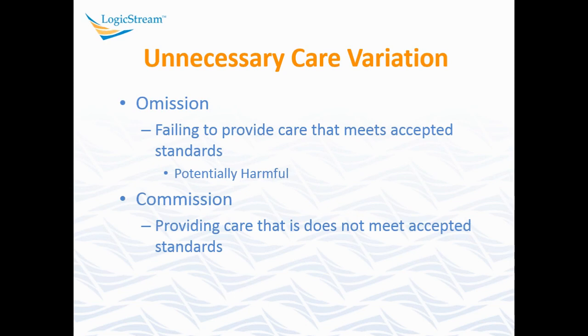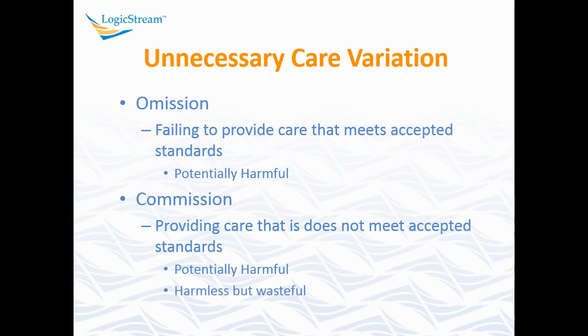Errors of commission is the other category, so providing care that does not meet accepted standards. So examples of that would be prescribing amoxicillin for a patient who's penicillin allergic, putting a patient on anticoagulant medication after surgery for venous thromboembolism prophylaxis when in fact all that's indicated for that specific patient is TED stockings.